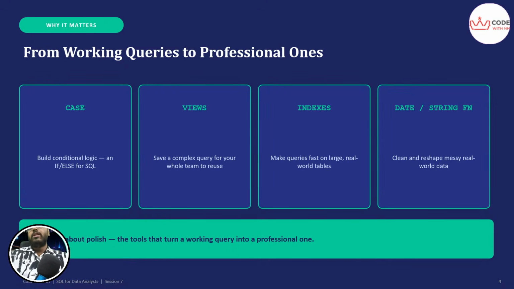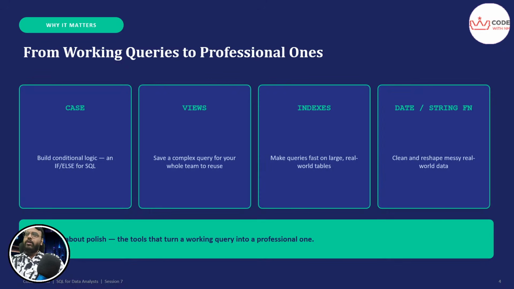So far, we have learned to read the data and to change the data. Today is about polishing it: the tools that turn a working query into a professional one. It's nothing but 4 tools, and I will explain each in one line. CASE builds conditional logic directly into a query, for example like an if and else statement.